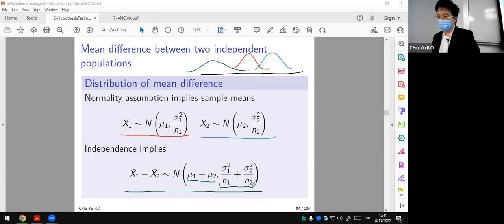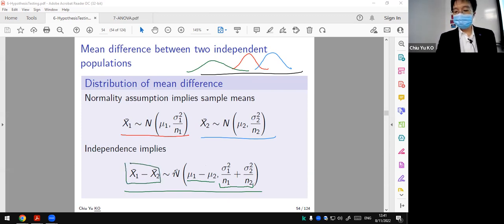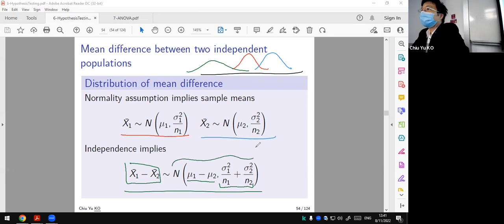So I hope you remember, because although it's 2 samples, the difference of the means follows a bell. So we just need to know how we handle a bell. Although it's 2 samples, when you combine them, it becomes a bell, so we can just use the standard way.